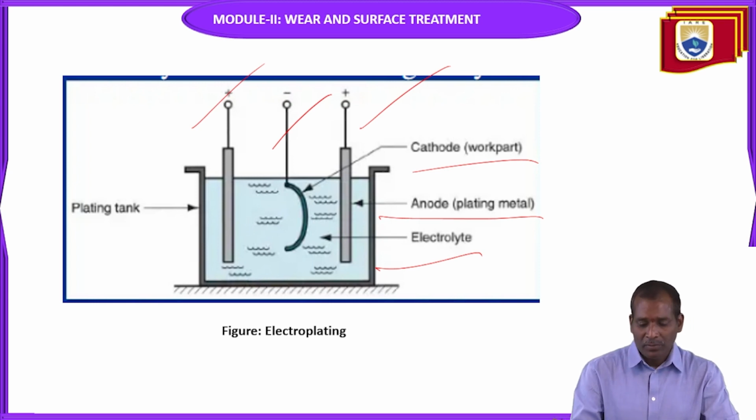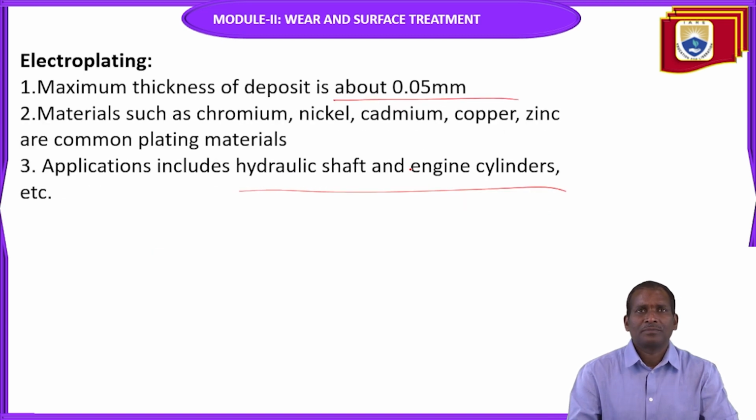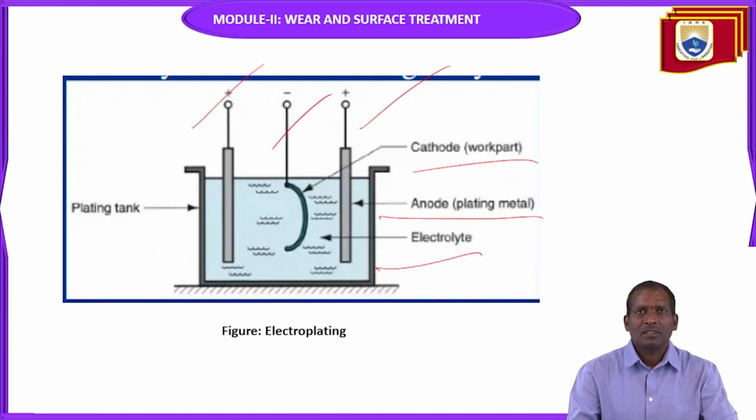Whenever current passes through, the anode material is deposited on the substrate. Here, this is the work part and this is the plating material.